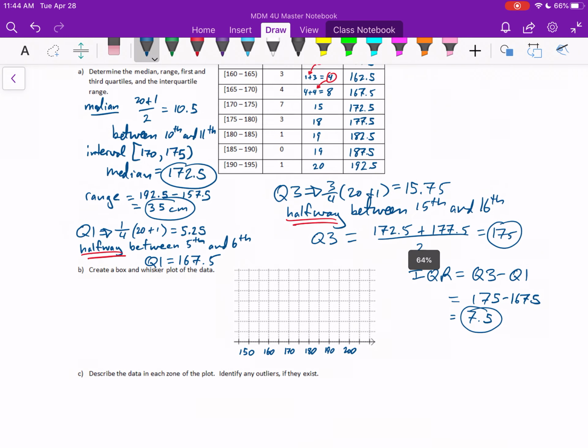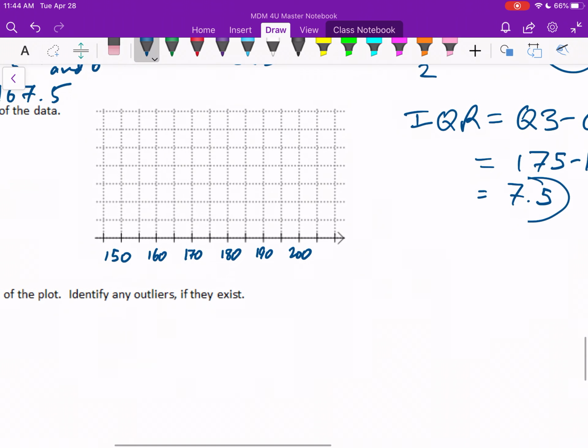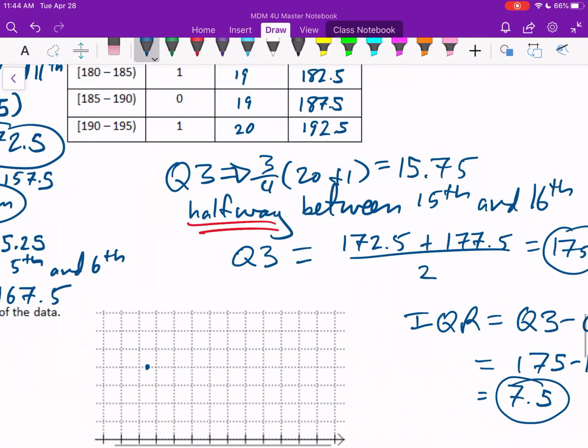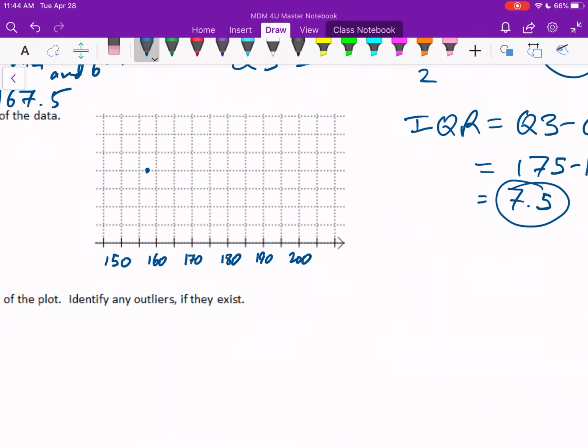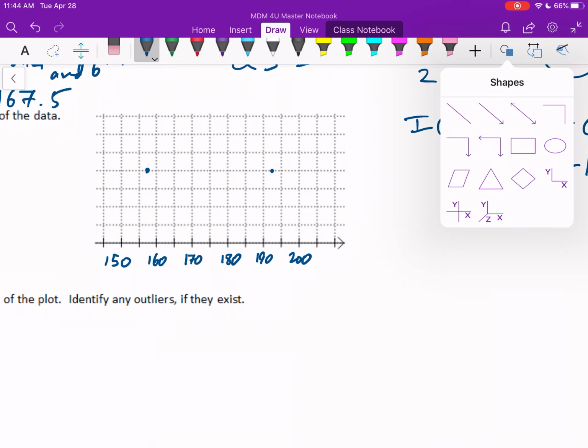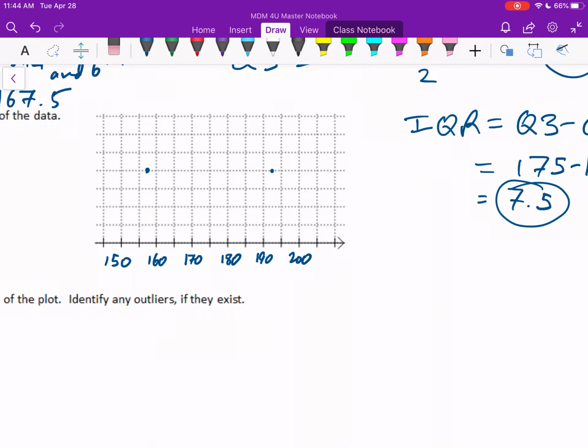So my lowest was 157.5. I'll pick a line and put it there. My highest was 192.5. Put that there. Connect those two dots. There's my whisker.